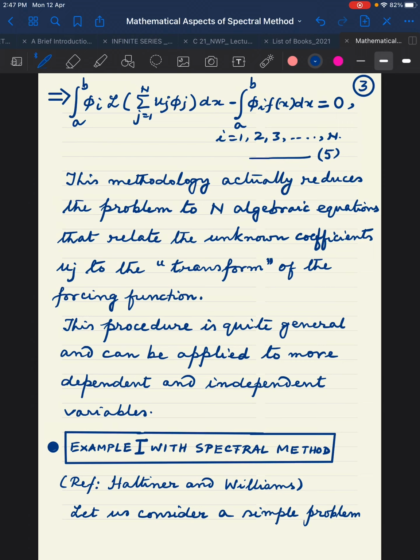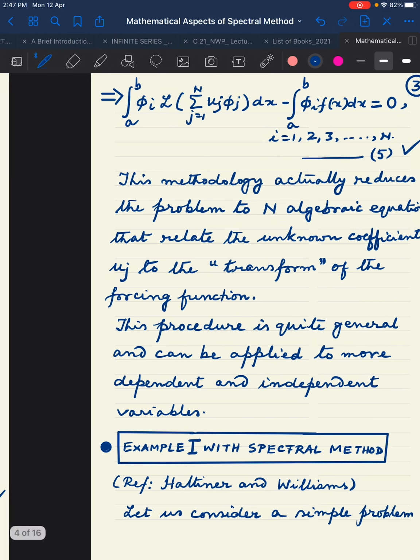That implies integral a to b phi i into L summation uj phi j dx minus integral a to b phi i fx dx equal to 0, and that gives us equation number 5. Substituting 3 into 4, we get equation number 5.